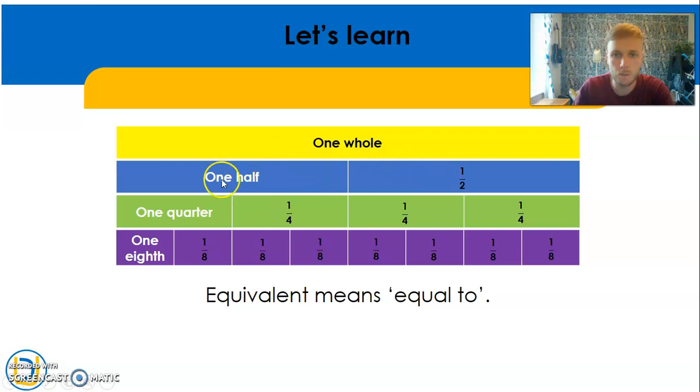So 2/2 make the whole. This yellow bar has been split into quarters. 1, 2, 3, 4. And the purple bar has been split into 8 equal parts. Now, when we say equivalent fractions, equivalent means equal to. So when we say equal to, we mean they are the same. So it might be the same size or the same value.